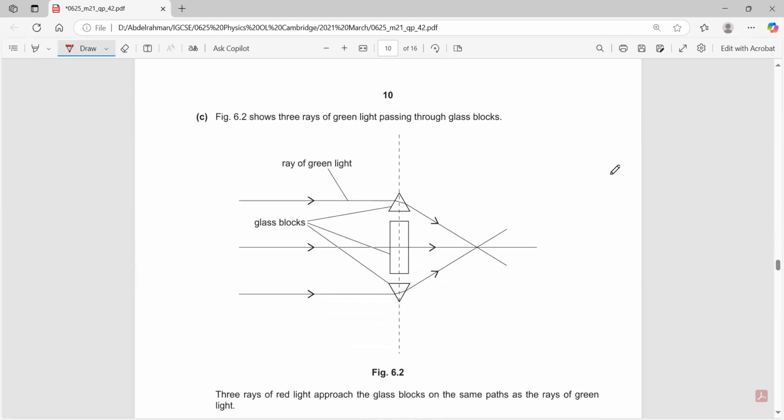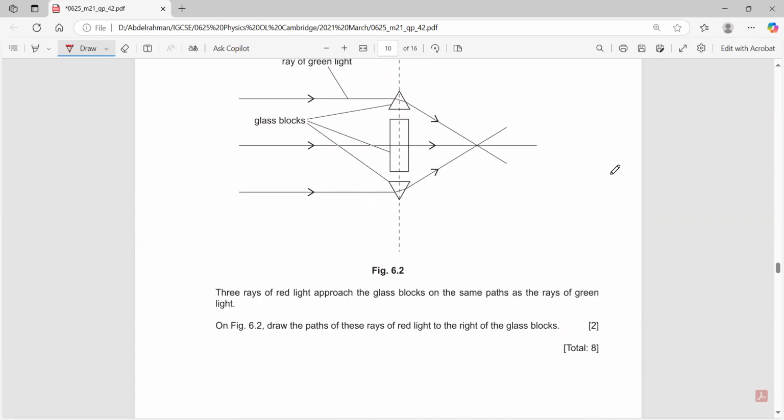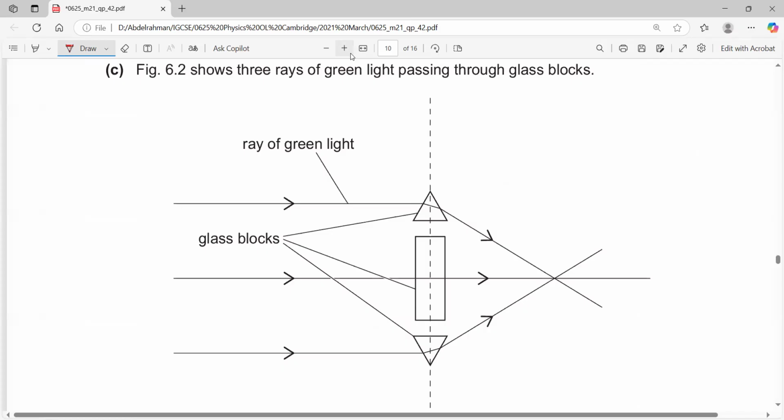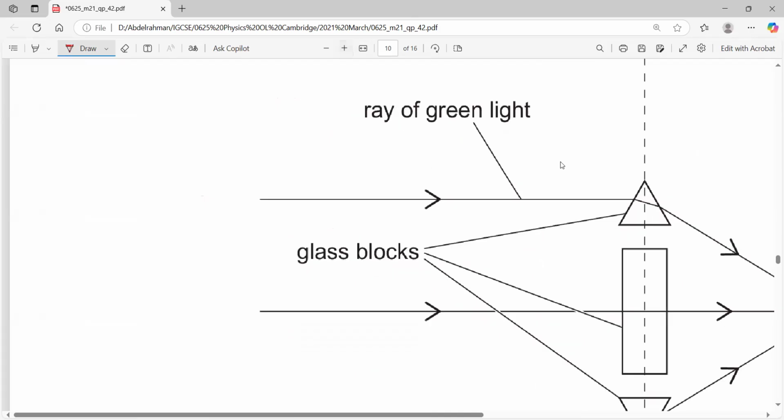Figure 6.2 shows 3 rays of green light passing through the glass blocks. 3 rays of red light approach the glass blocks on the same paths. If red is passing in a prism, and it was initially on the same path as the green light, what will happen to the red if I zoom in a lot more?